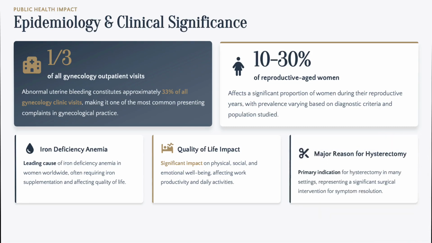And finally, abnormal bleeding is a major indication for what? Hysterectomy in many settings, a significant surgical intervention that permanently affects what? Fertility. This is not just a minor inconvenience, as we know here in the African setting. This is a condition that profoundly affects women's lives.